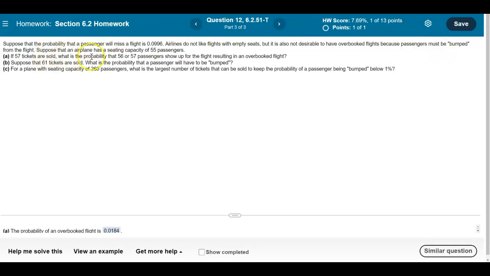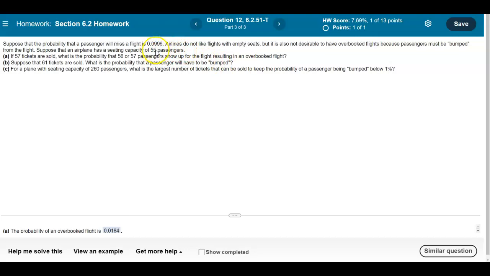Now suppose that an airplane has a seating capacity of 55 passengers. In part A, it says if 57 tickets are sold, what is the probability that 56 or 57 passengers show up for the flight, resulting in an overbooked flight?